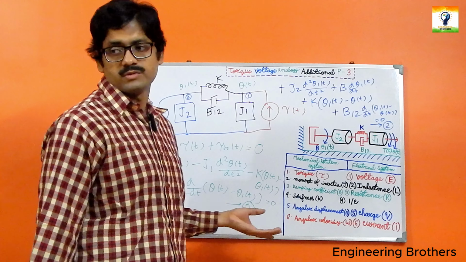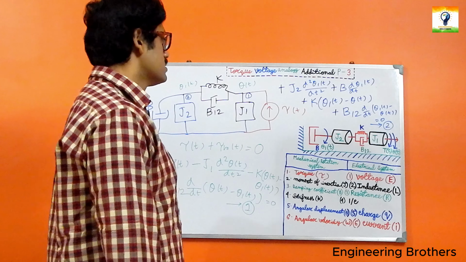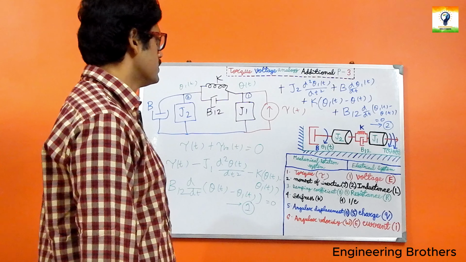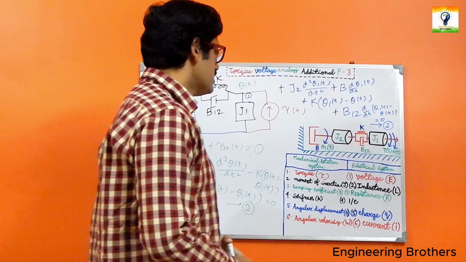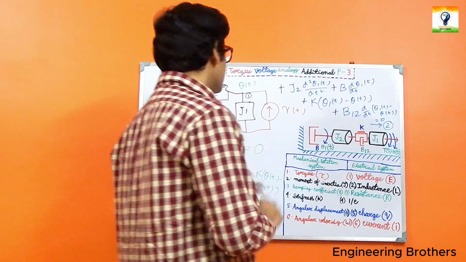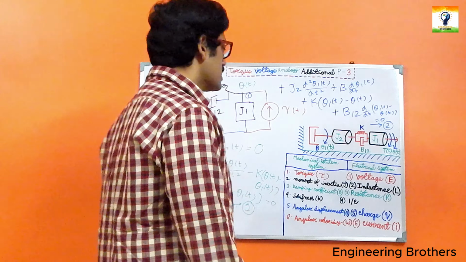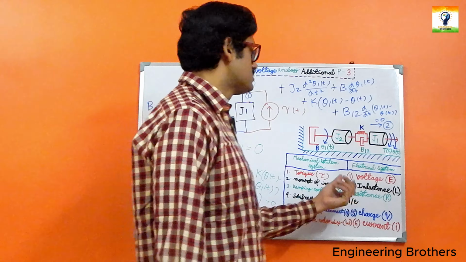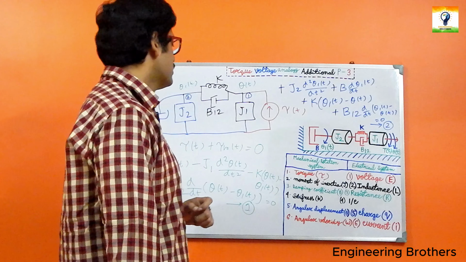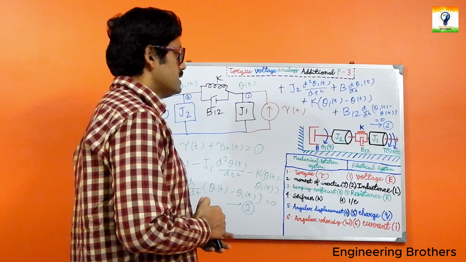This is our first equation, which we have named equation 1, and this is our second equation, which we have named equation 2. In our next part, we are going to utilize once again the analogous chart between a mechanical rotational system and the electrical system, to form the torque-voltage analogy.